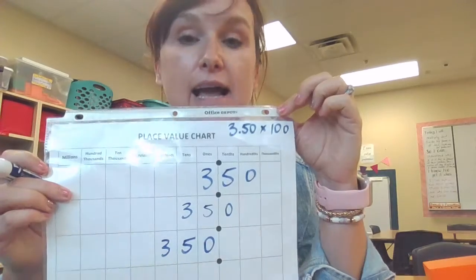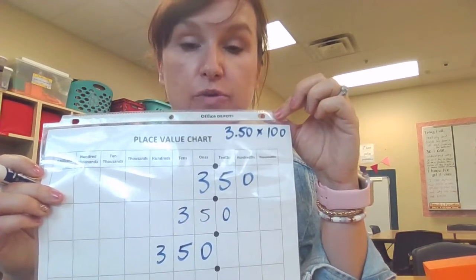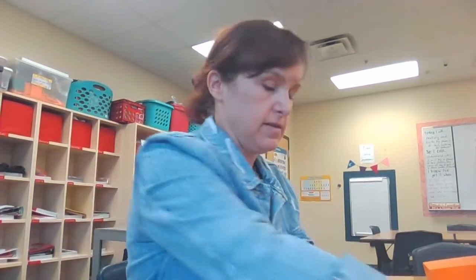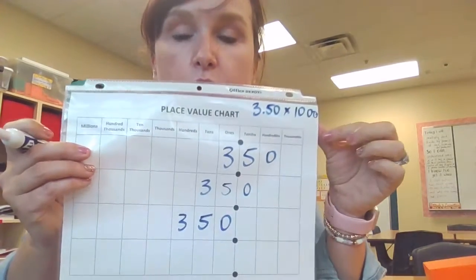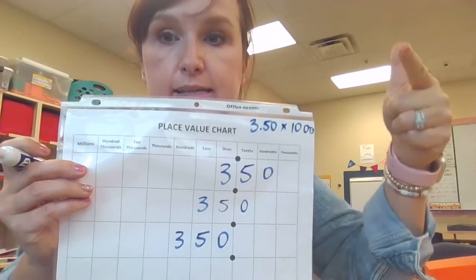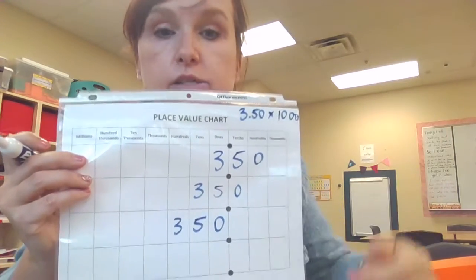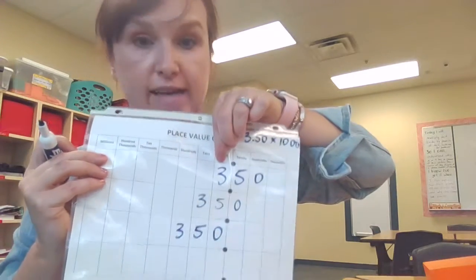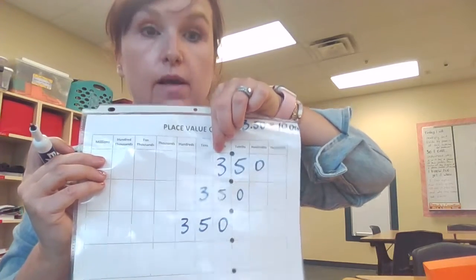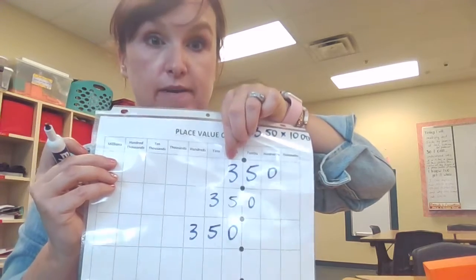Now, let's say I get 10 times more people. We got 1,000 people donating $3.50. That means from my original number, my 350, 1,000 is just 10 times 10 times 10. I'm looking at those 3 zeros. So I need to scoot where my 3 was originally up greater 3 times, 3 place values.